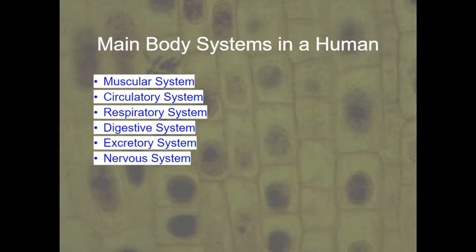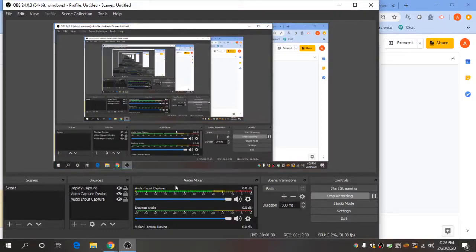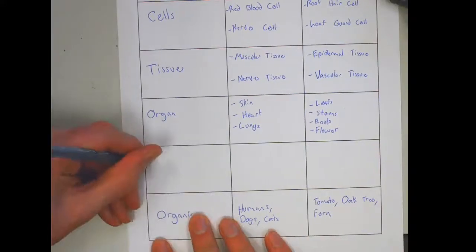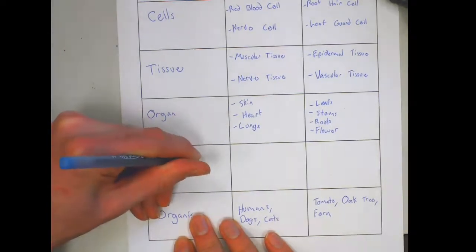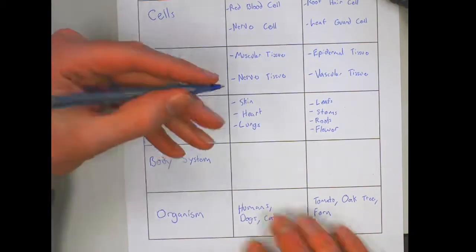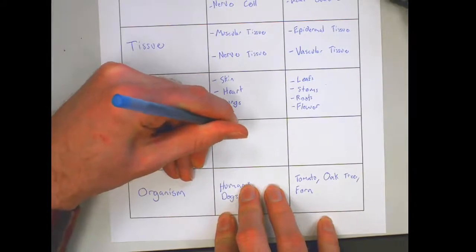So if we go ahead and flip to our notes, let's go back there. We've got body system. And I'm going to write down all of them. I just need to look at my notes. So muscular.